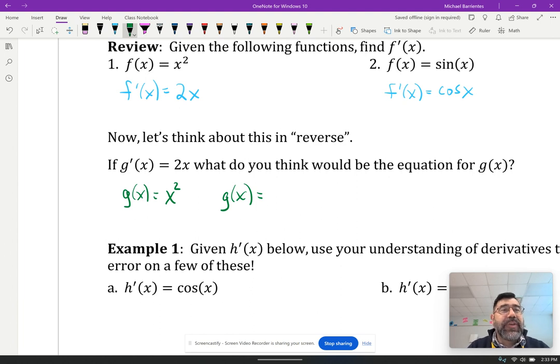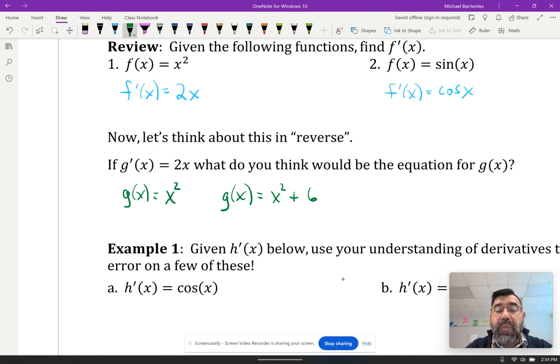Now, you might be thinking of a whole different type of function, but what if it's a quadratic with a constant added on? These functions are not the same, right? And yet, when I take the derivative of this, because I take the derivative of x squared, I get 2x. I take the derivative of 6, and that's 0. Well, then I get this derivative, this g prime.